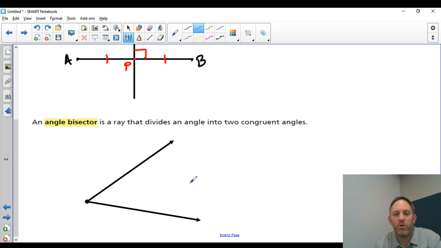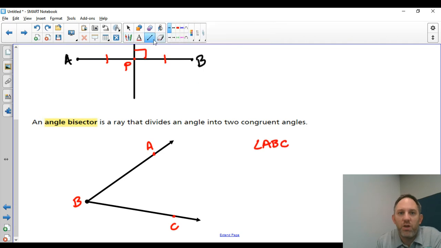Now the second term we're looking at is a little simpler, a little more straightforward. It's called an angle bisector. So this is some ray that's going to divide an angle into two congruent angles. So let's call this angle ABC. So B is the vertex, and then C on this side. So this is angle ABC.